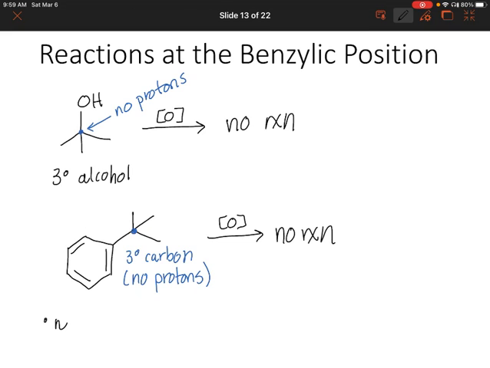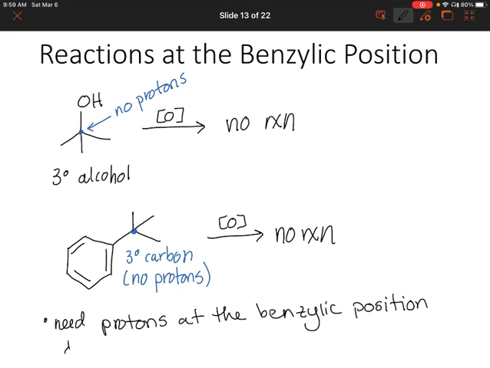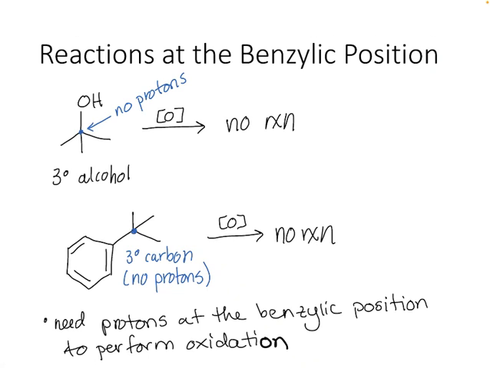So you do need protons at the benzylic position to perform oxidation. So this is stuff we've seen before again. So we saw this in the alcohol chapter, but now we're just applying it to the benzylic position. So let's go over a couple example problems.